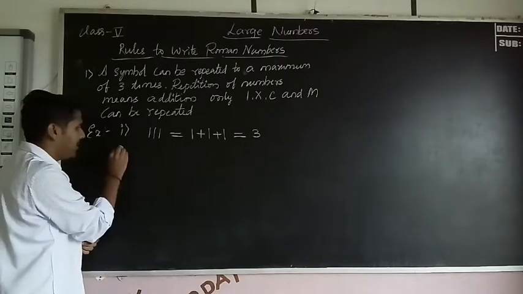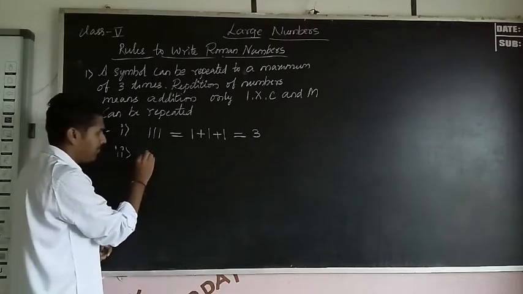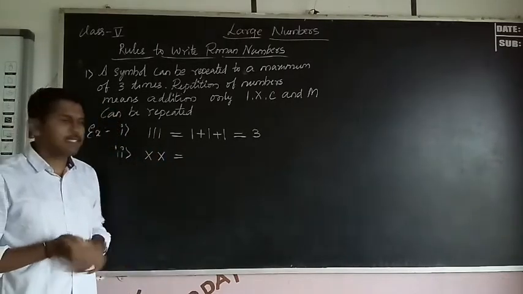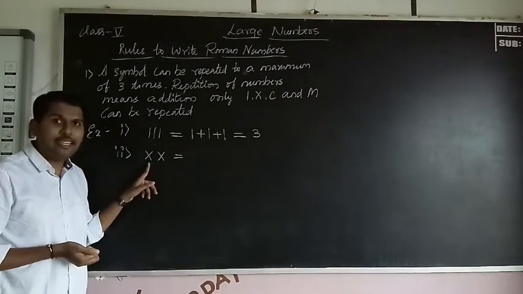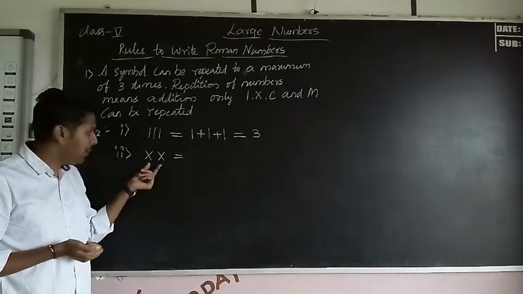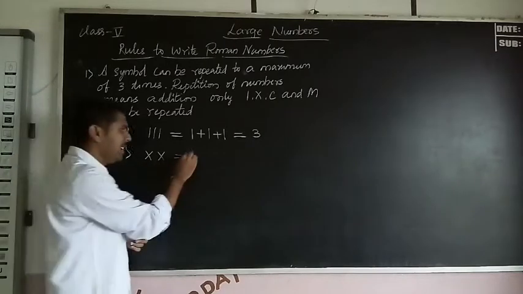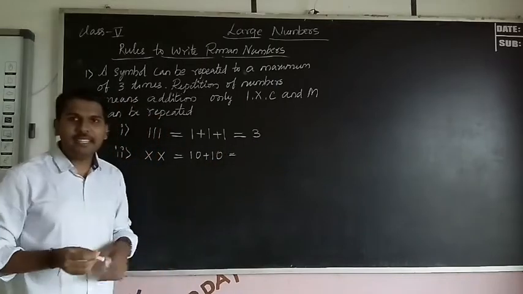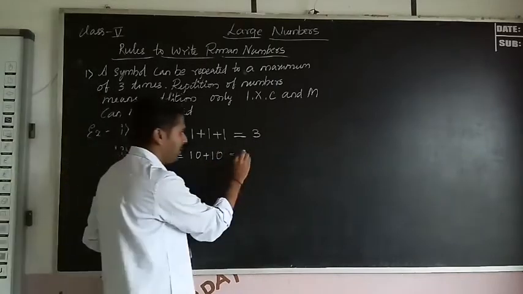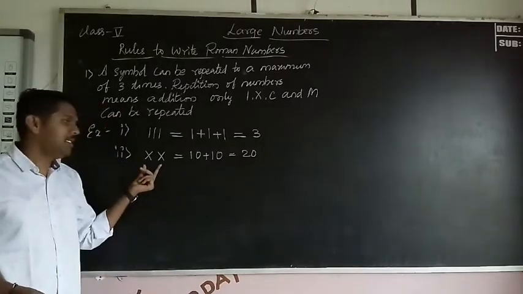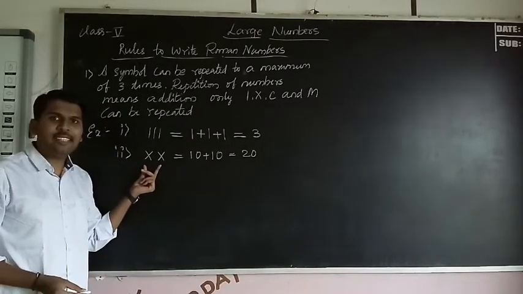Let's take another example. X. What is the value of X? X means 10, so 10 plus 10, because repetition is addition. 10 plus 10 is 20, so 20 in Roman numbers is XX.